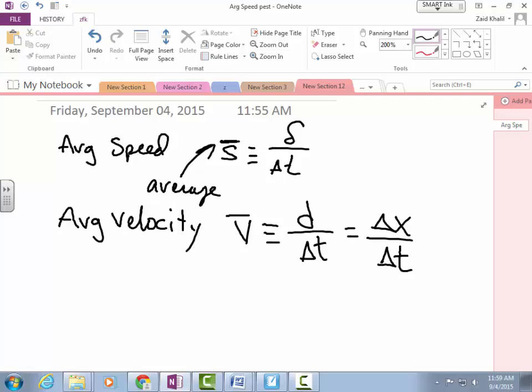Right now I want to deal with average speed versus average velocity. And what I'm going to elaborate on very shortly is that average speed and average velocity, both of them, are not equal to the arithmetic means of a sequence of speeds or velocities. So in other words, if you have a set of speeds, let's say between here and, where do you want to drive to?